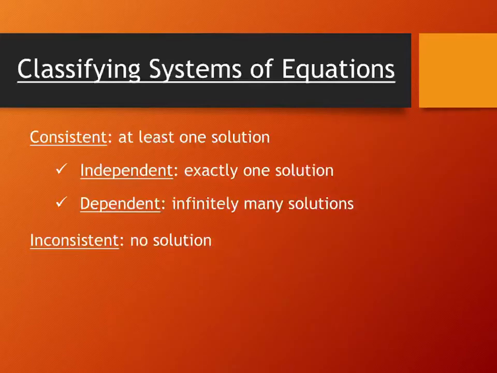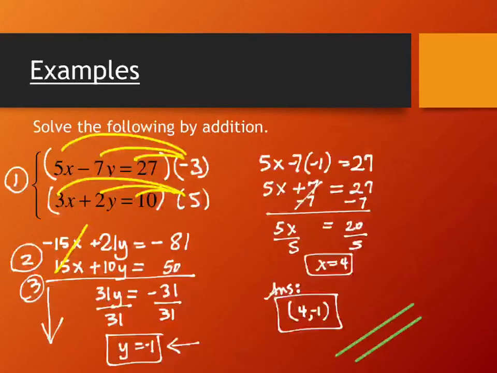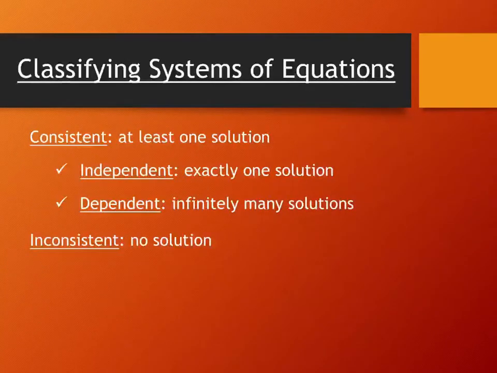There are two different options here for classification. You can have systems that are consistent or inconsistent. Consistent means they have at least one solution. So everything we've done so far has been consistent equations, right? There are three problems we did, and all three are consistent because they have at least one solution.